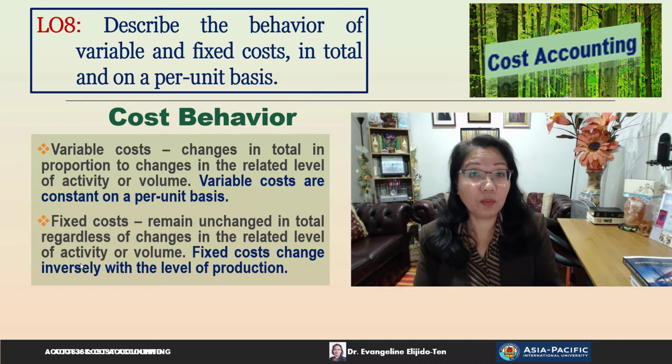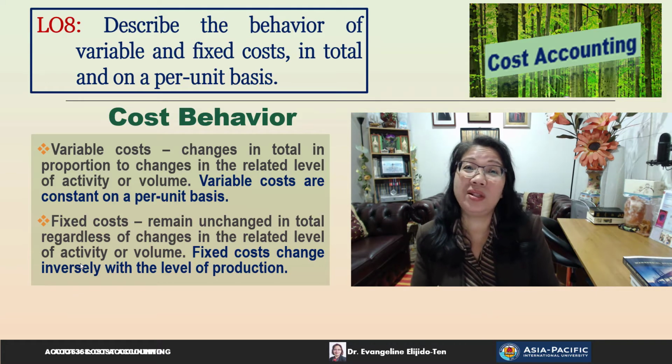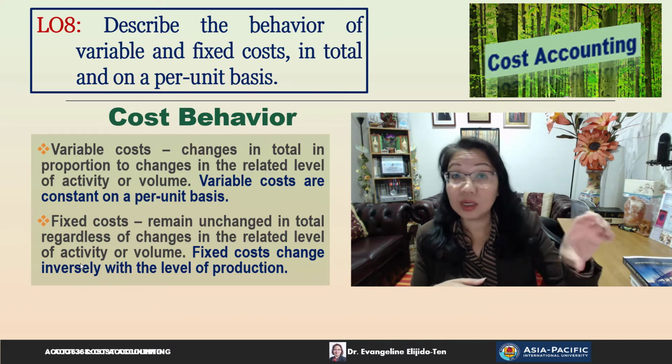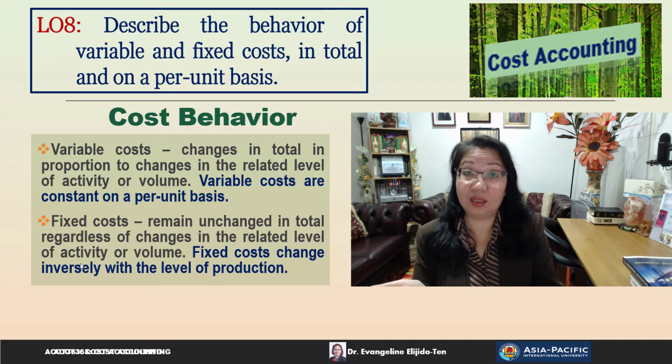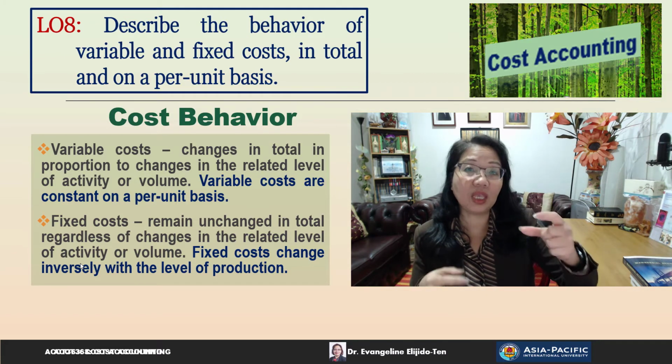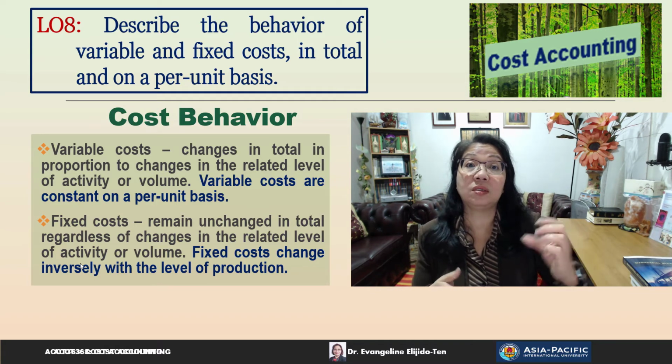No, we will still pay $5,000 in rental cost, right? So per unit, our rental cost would no longer be $1 per unit. It will be $5,000 divided by 1,000 units. We only produce 1,000 units in this month, for example. So that would mean that our rental cost per unit is $5 per unit.